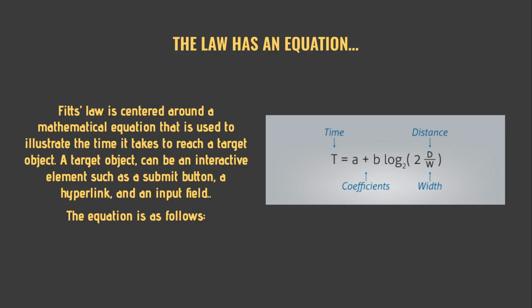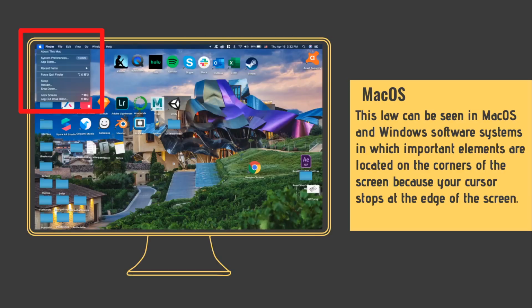A and B are empirically determined, so these are values that you can gain from direct observation, and A and B basically build a slope. Distance is the measurement from a starting point to the end point, so to the target object. And then width, of course, is the width of the target object. And basically the idea is, as we said, the quicker you can reach a target object, the more convenient and easy it is to use.